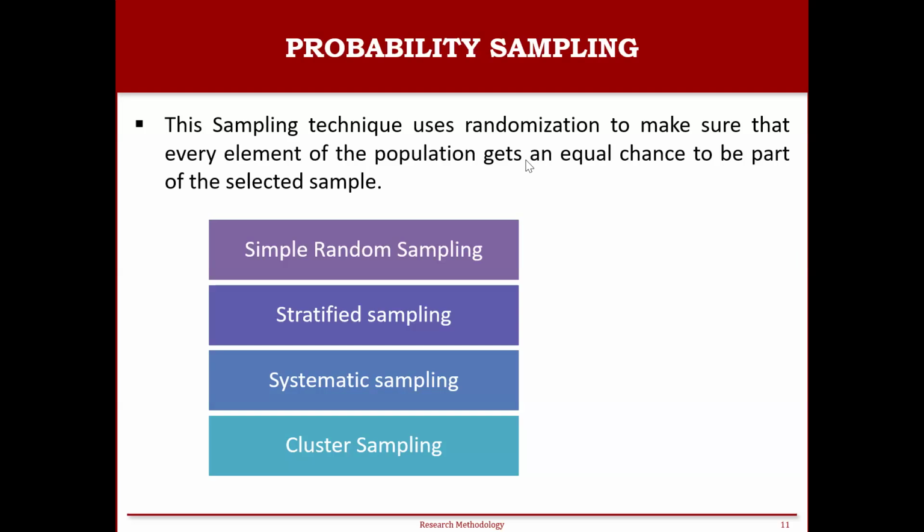Every nth individual from the list of the population. For example, let's say you have a list of 1,000 people, and you want to select a sample of 100.